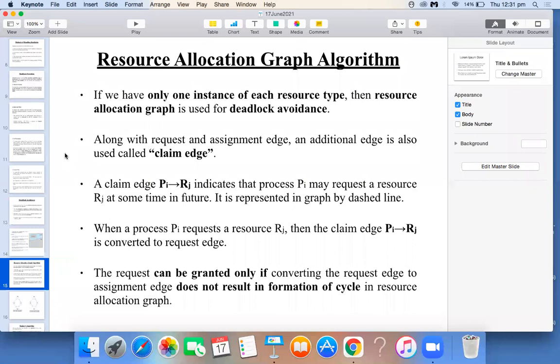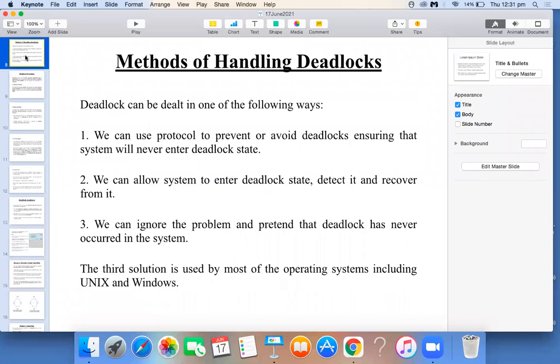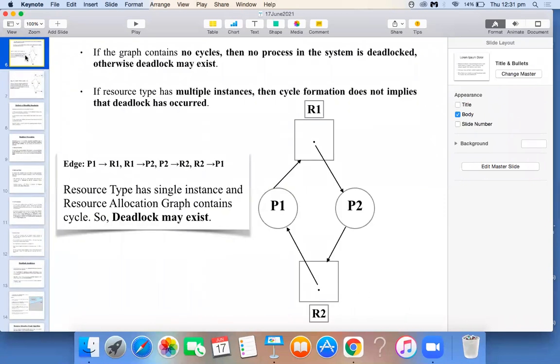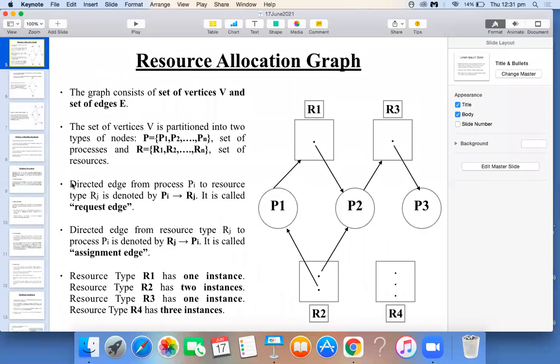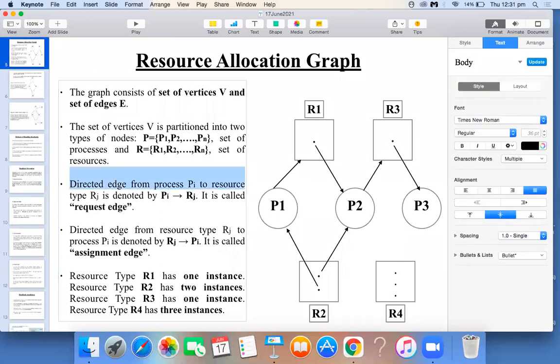What are the edges it will be containing? Already forgot. Yesterday itself I did all these things. Can you see here? What are the edges it will be containing? Request edge and assignment edge. That's what it is containing, correct?